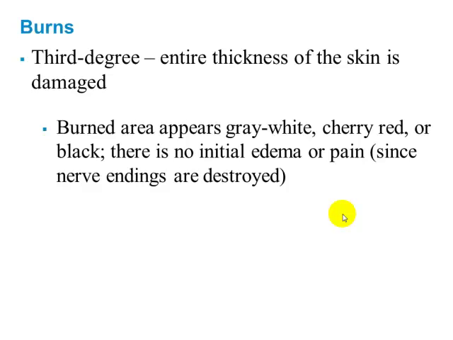That blackened look, you can actually see that. Usually at the beginning there's no pain and no swelling with a third-degree burn. And the reason for that is you have burned all the way through the layers of the integumentary system where you would have the pain receptors and where you would have the interstitial tissues to create the fluid.